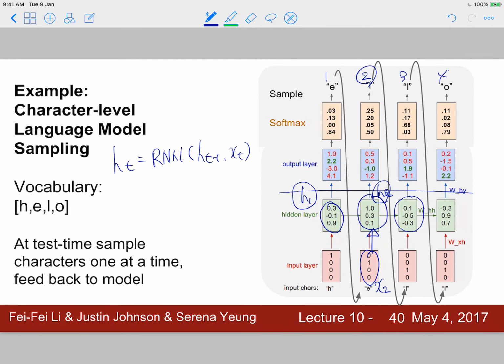So if we want to have each character as an output at each time step, then using this hidden state vector, we stack another layer.